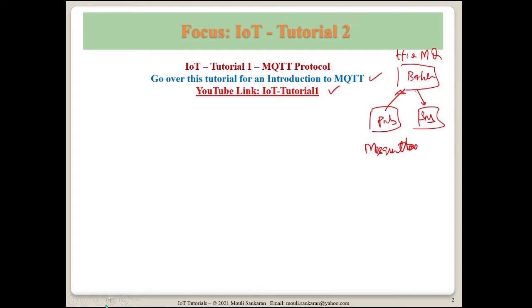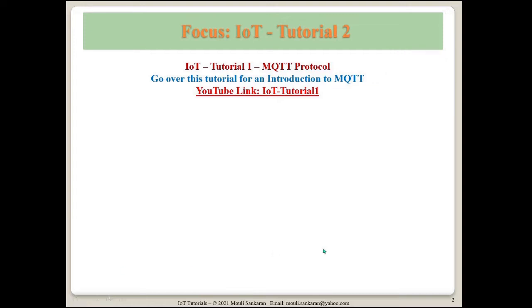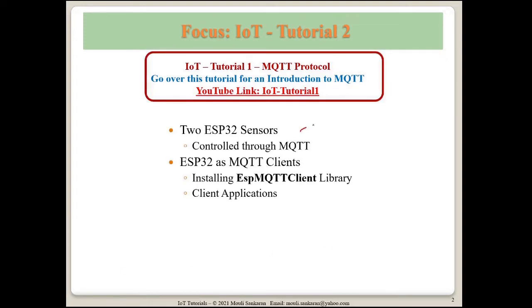Now, in this tutorial, we are going to use two ESP32 boards as sensors. Here, we are not going to sense anything, but actually we are controlling the LEDs on this ESP32 board. This ESP32 is connected to my Windows machine using a micro USB cable, and it draws power from the USB port.